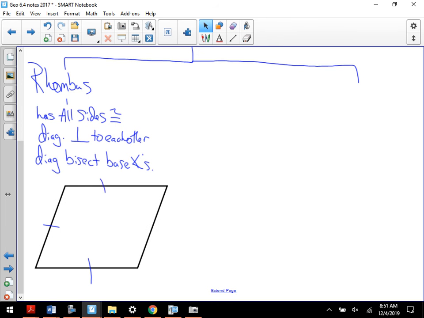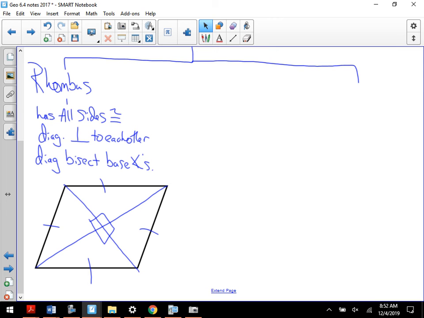So you have all four sides that are the same. The diagonals are perpendicular to each other, so you get four right triangles in there.